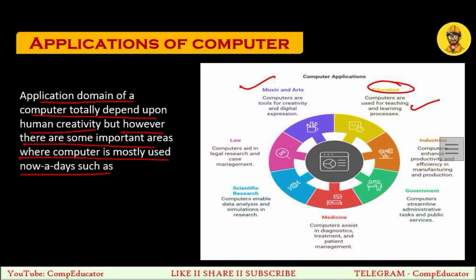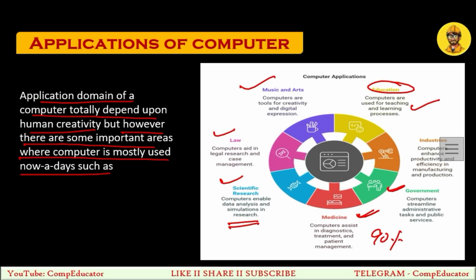In music and arts, we also use computers. In the field of law, we also use computers. In scientific research, we mostly use computers. In the medical field, today 90% of the work is done on computers.